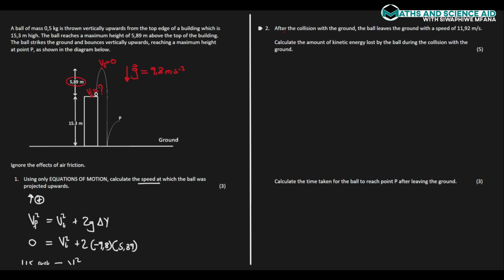Here we are firstly told that after the collision with the ground, the ball leaves the ground with a speed of 11.92 meters per second. So this is after the ball has changed its direction and moved downwards from the maximum height towards the ground up until it hit the ground and then bounces vertically upwards to point P. So what we are being told is that the velocity at which this ball left the ground is equal to 11.92 meters per second.